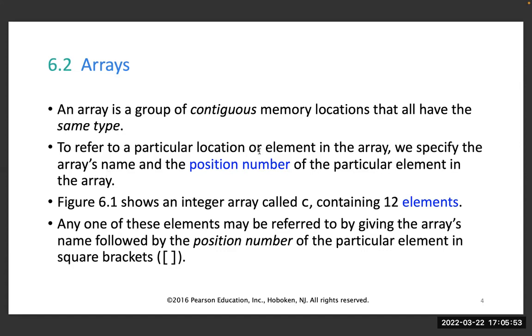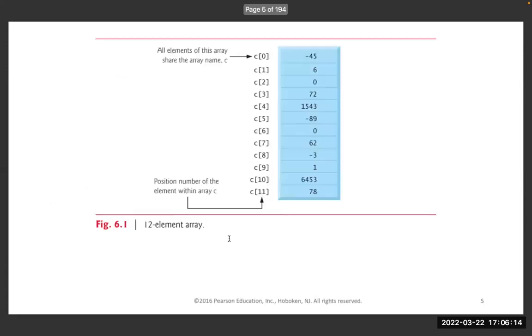To use the elements in an array, we need to use the array's name and the position number for that element. The position number we also call the index or index number.